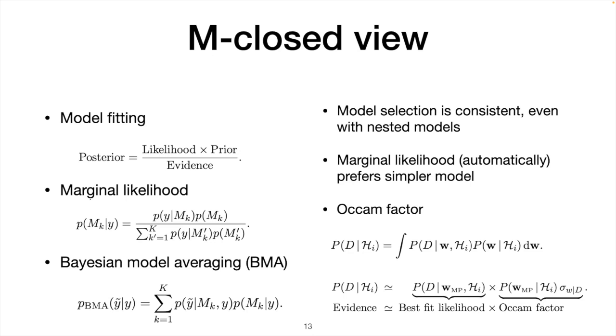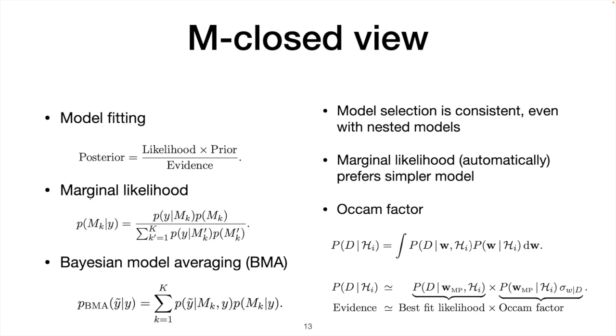So if you have a simple model, this quantity would be large, because it would decay if the dimension of the prior distribution is very large.